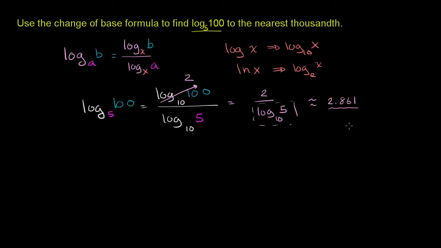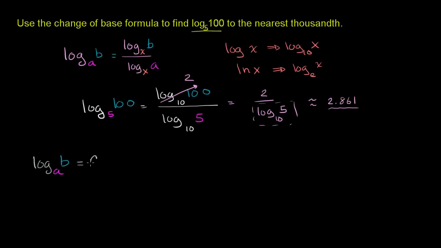So that's what makes you feel good, that this is the power that I have to raise 5 to get to 100. Now with that out of the way, let's think about why this property makes sense. If I write log base a of b, let's say I set that equal to some number.